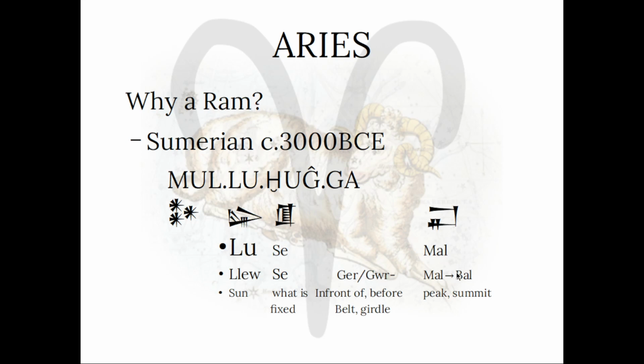And mal mutates to mean peak or summit. So we have a fixed start of something that girdles, that goes around, and we also have an indication that this might be the path of the sun, and that is what the ecliptic is, and that is what the 12 constellations of the zodiac are for.